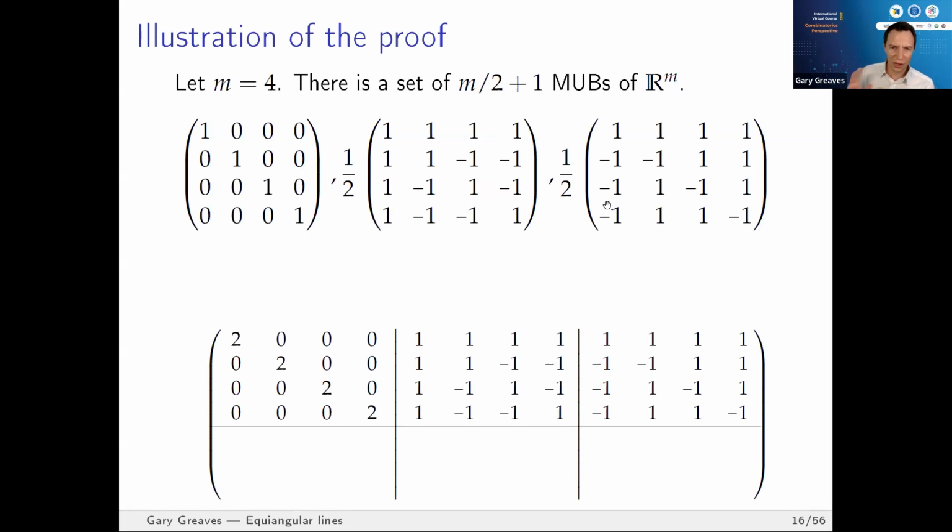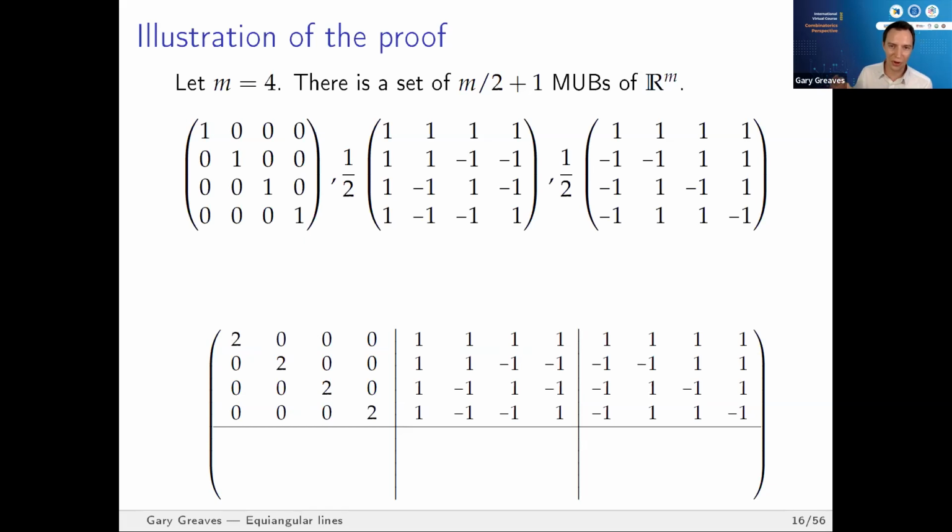And now we're going to turn this into vectors that span equiangular lines. So what we do is we take the vectors of our orthonormal basis and we put them as columns for a matrix. But the problem here is that the inner product between any pair of vectors at the moment is not a constant.